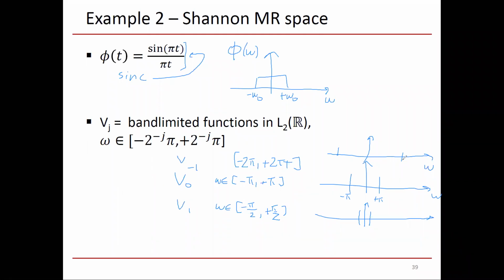And another issue here is that if you look at V1, V0 is equal to V1 plus this red part. And V negative 1 is equal to V0 plus this red part.